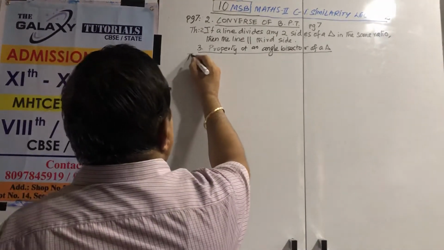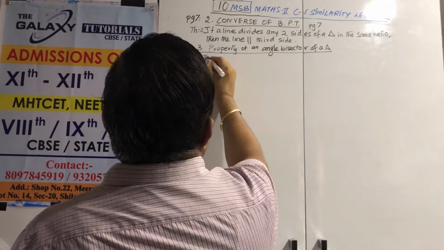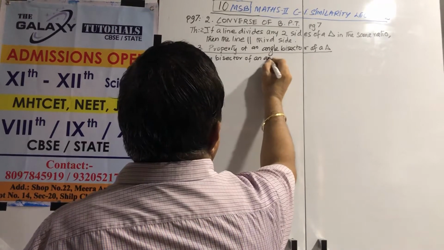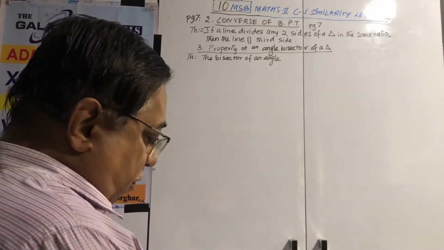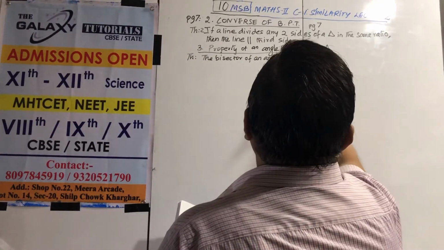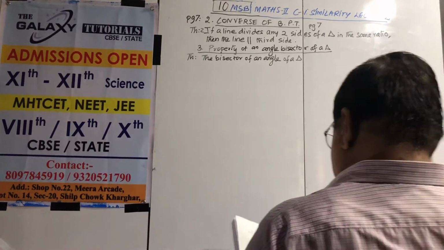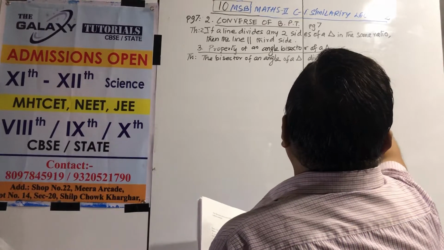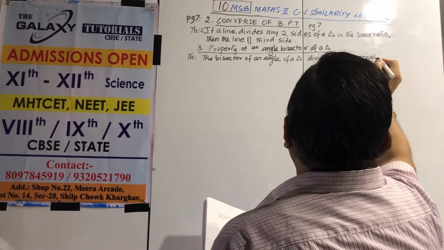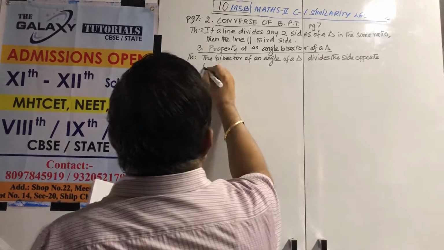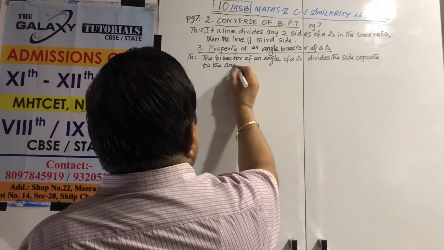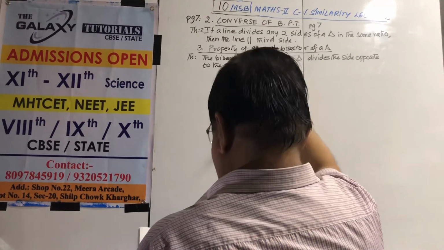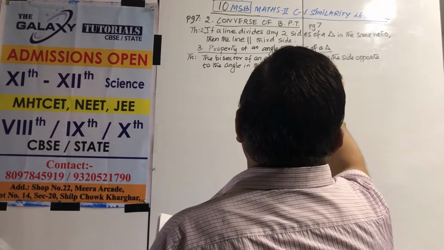The theorem says the bisector of an angle of a triangle divides the side opposite to the angle in the ratio of the remaining sides.